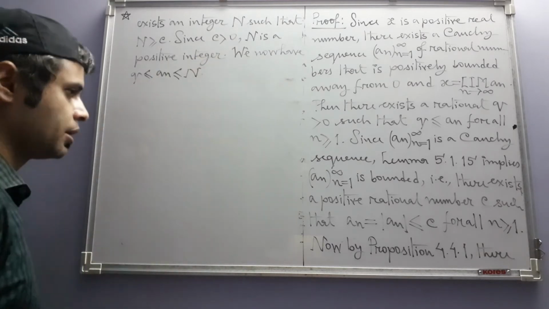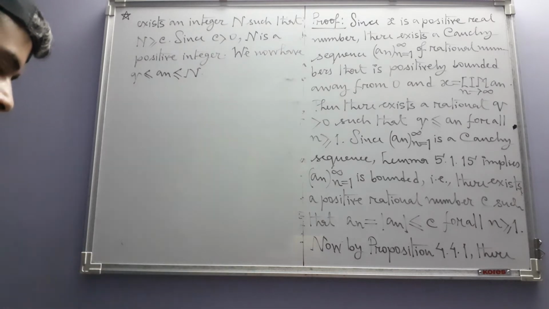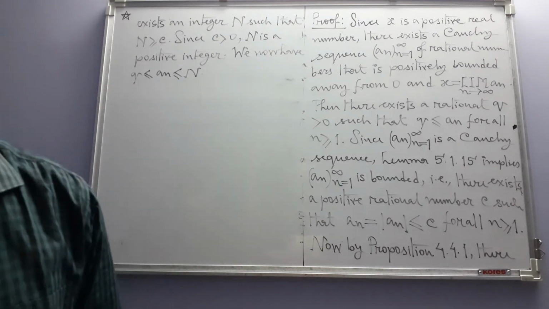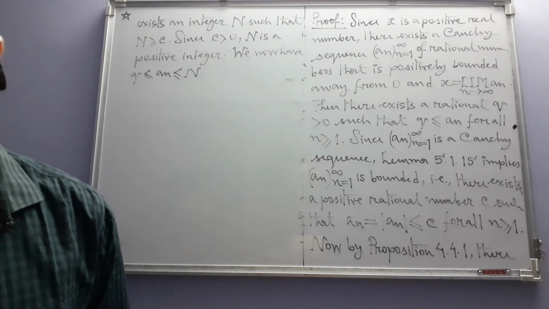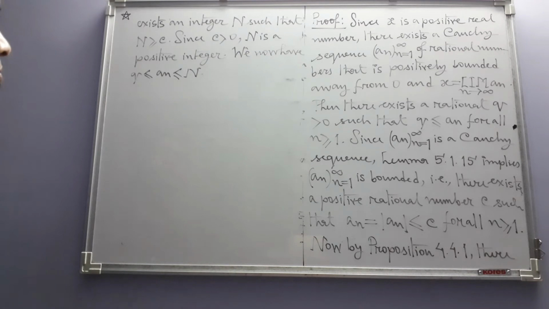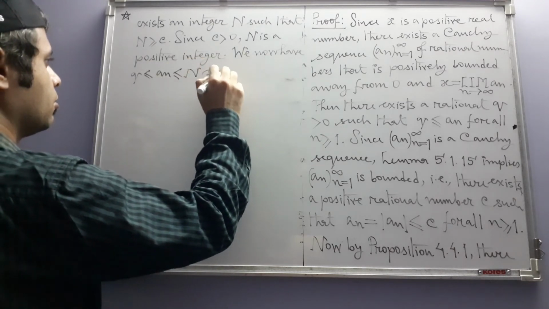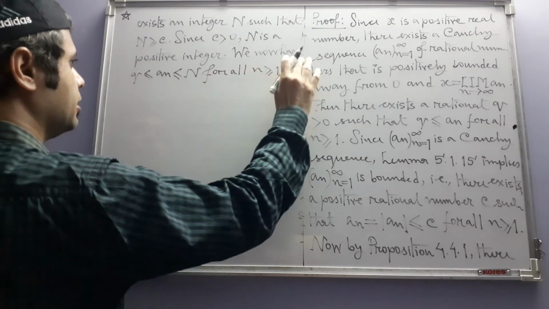Now this is a place where we can use the corollary. That corollary 5.4.10, for all n greater than or equal to 1.